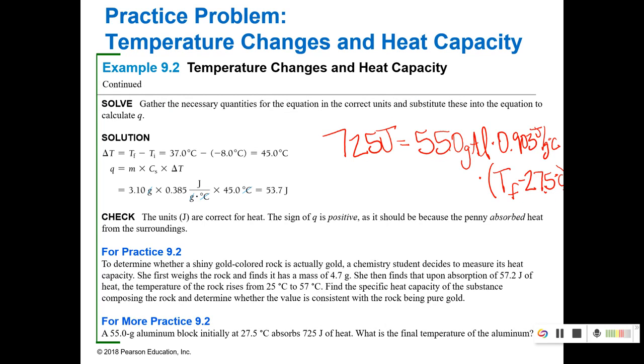Okay, so this one is a little more complicated. So I'm going to get my 55 times my 0.903. So I've got 725 joules is equal to, I'm just going to do numbers for now because keeping up with the units for this is going to be harder. I've got 49.665 Tf minus, all I did was multiply the mass times the specific heat capacity, and then I distributed it to Tf and 27.5.